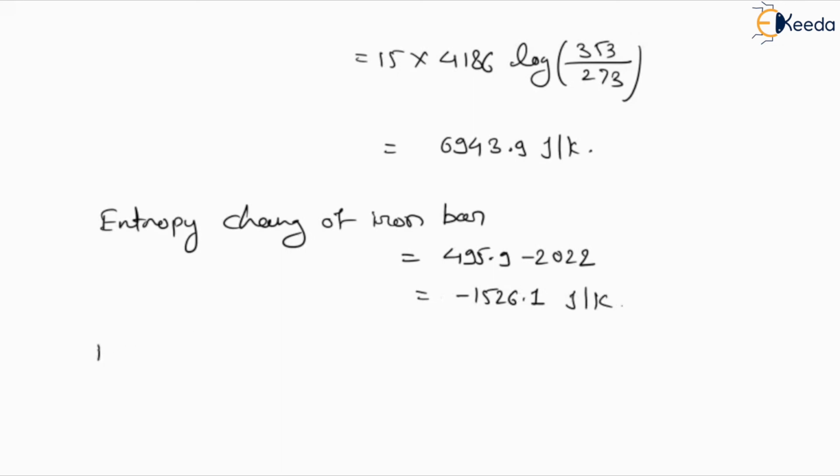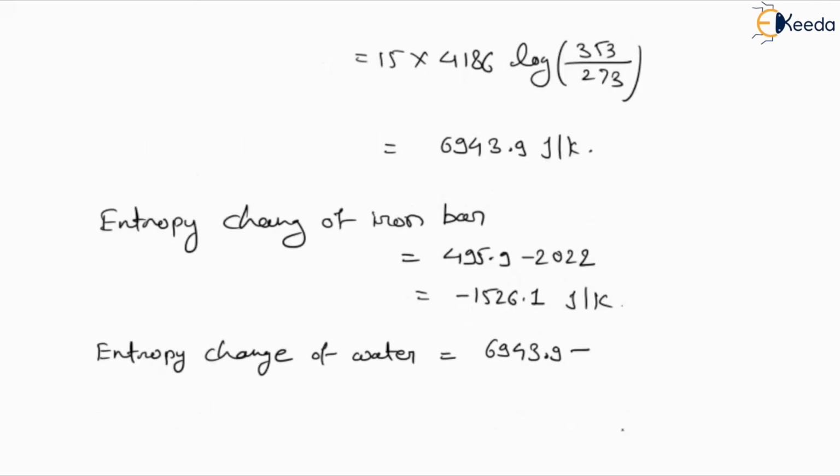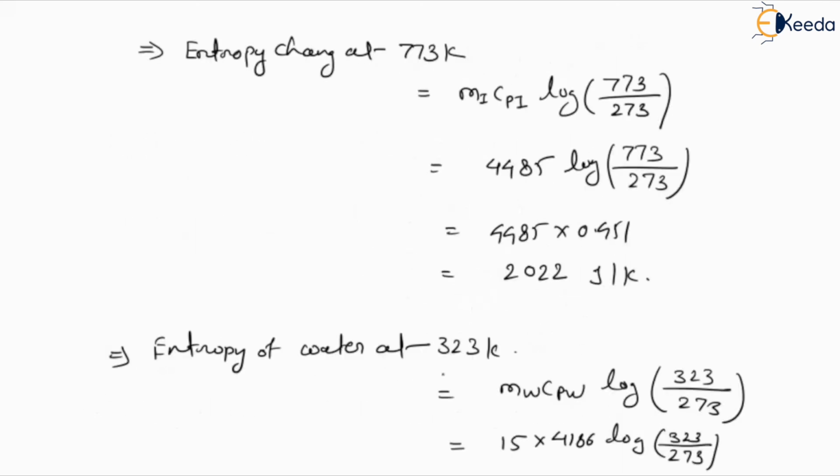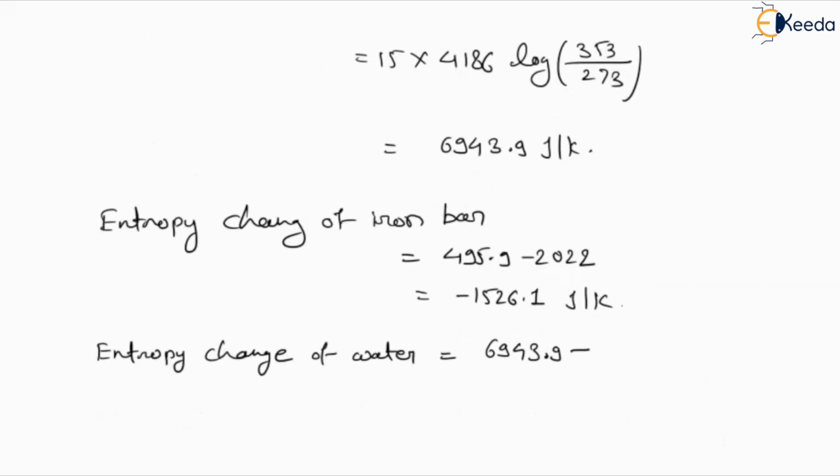Now we have to define the entropy change of water. It will be 6943.9 minus the other value, the entropy of water at 323, which is 4513. So let me calculate the final value. It will be 2430.9 joule per Kelvin.